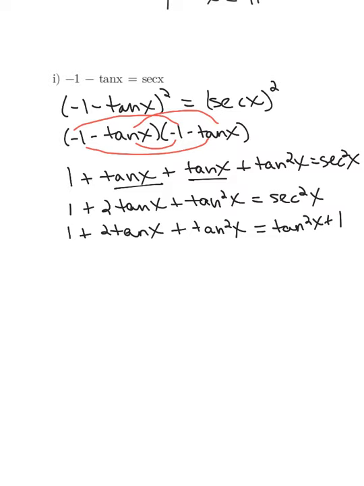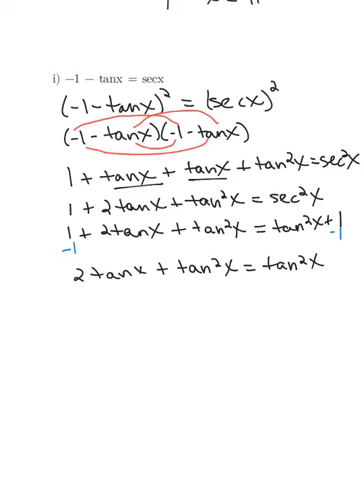Now you need to get everything on the same side equal to 0. So we're going to subtract 1 on both sides, and they will cancel out and leave us with 2 tangent x plus tangent squared x equals tangent squared x.